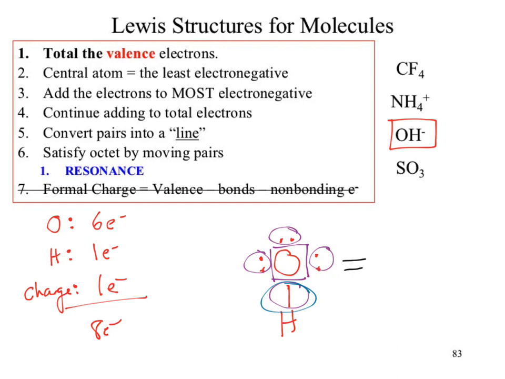Since I've got a whole bunch of stuff drawn all over that, let's just redraw that. How do I make sure that when I look at that structure in black now, that it has a formal charge of -1? I just need to write -1. Where is that -1 or that extra electron located?